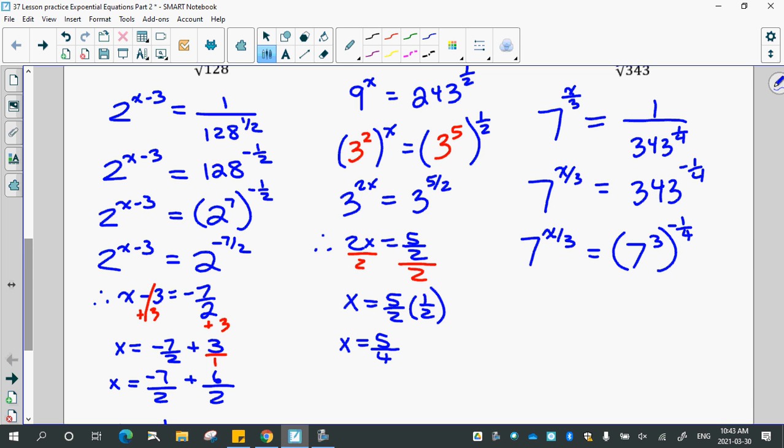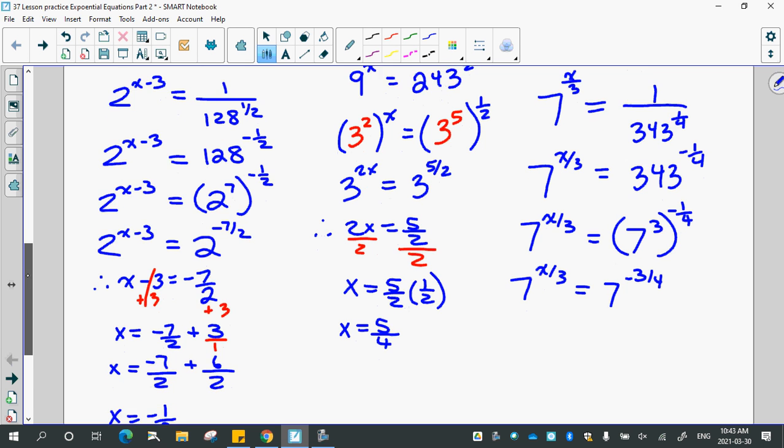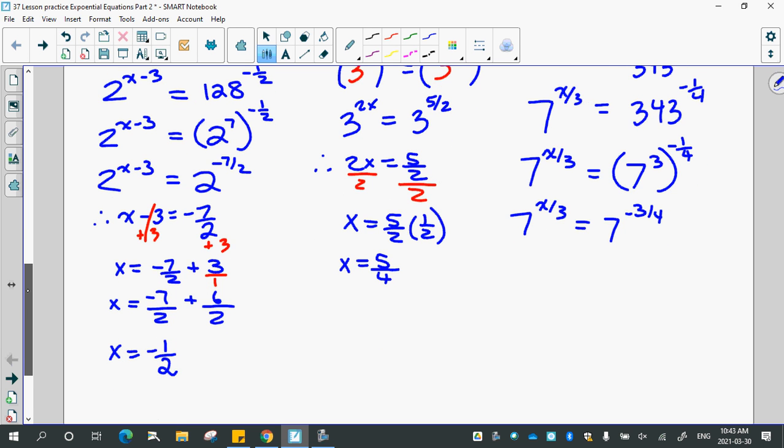So your power on your right side. Make sure you're at your therefore point. The bases are the same. The only way that we can be equal is if the exponents are also equal.